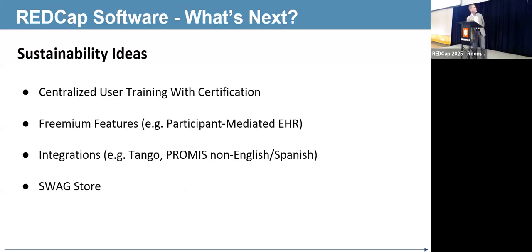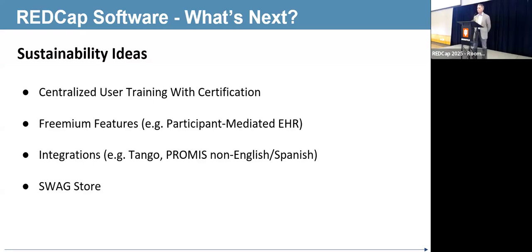One, I mentioned earlier, is this centralized training with certification. We've got some efforts going on there, with the idea that perhaps other institutions may want to pay a certain rate to have an all-you-can-eat training module with certification, so that you could put it on your resume, or put it in your 21 CFR Part 11 training requirements and so forth. That's something that we've got a team looking at right now.